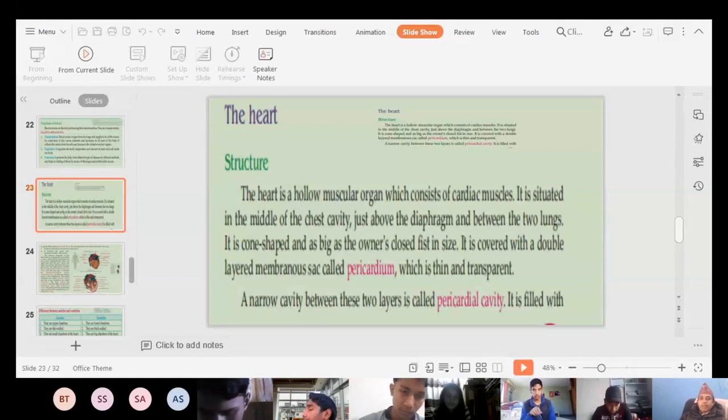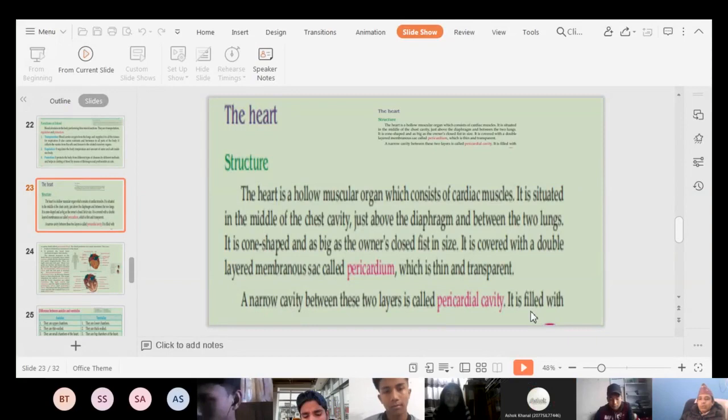But pericardium is double layered membrane. There are two layers in that pericardium and they cover the heart. So how is the pericardium? It is transparent.